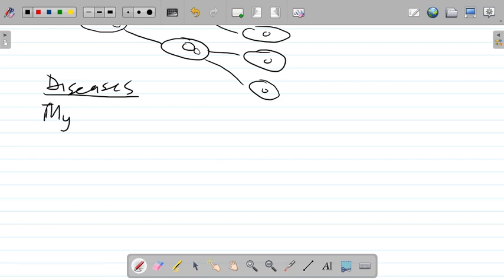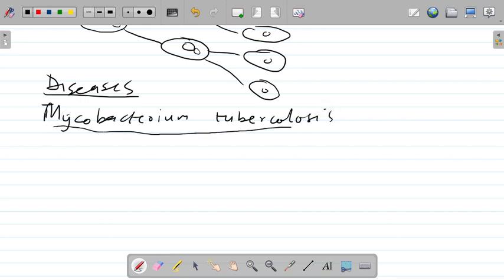Let's spell Mycobacterium tuberculosis. It is a scientific name, so therefore we underline it. Good. Mycobacterium tuberculosis is a bacteria that causes TB, which is tuberculosis.